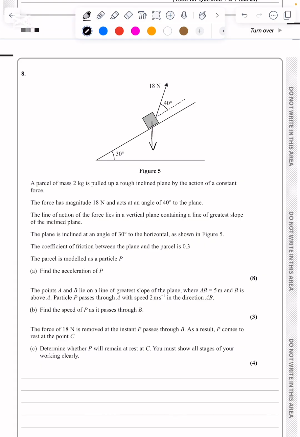And then is there friction? Oh, there is friction. Is it moving down or up? I don't see it. Oh, it's pulled up a rough plane. So that means friction is acting here.